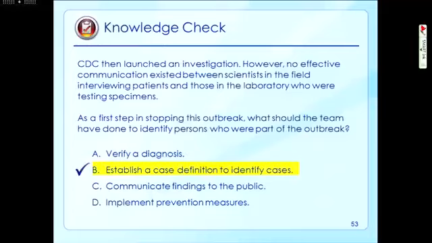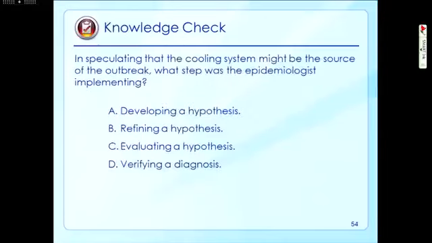The correct answer is B, establish a case definition to identify cases. In speculating that the cooling system might be the source of the outbreak, what step was the epidemiologist implementing? That was the process of A, developing a hypothesis.